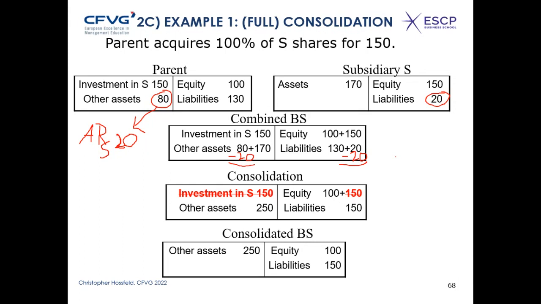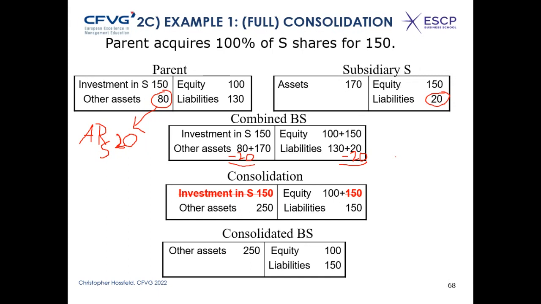So most of the consolidation entries, the eliminating entries, are pretty much straightforward. It's like mirror accounting.